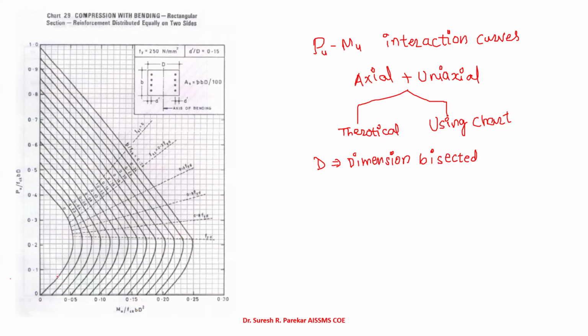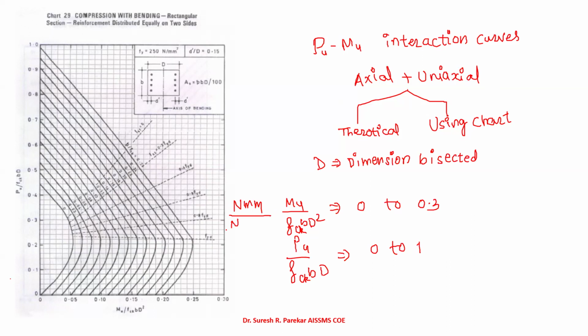Now you can see the values on this chart. We have 0 to 1 on the y-axis for Pu upon fck bD, and for Mu upon fck bD square, 0 to 0.3. Both these values are unitless, because Mu is in Newton millimeter, fck is Newton per millimeter square, b is millimeter, and D square is millimeter square.